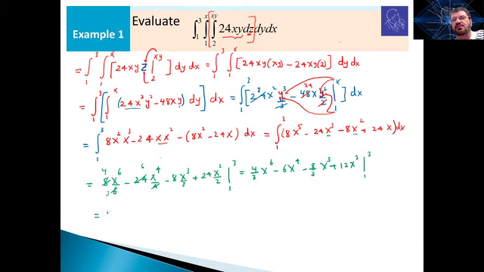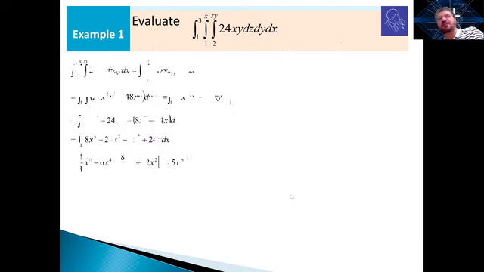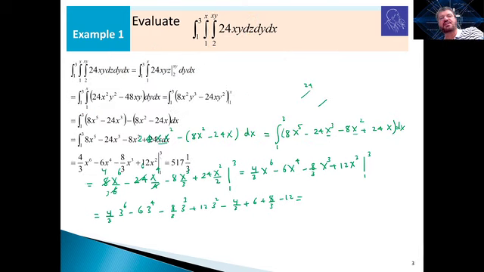Now we put the 3, so this is 4 over 3, then 3 to the power of 6, minus 6 times 3 to the power of 4, minus 8 over 3 times 3 cubed, plus 12 times 3 squared, minus. We put 4 over 3 times 1, minus with minus becomes plus 6, plus 8 over 3, minus 12. You simplify all of this, and you should get 517 and a third.